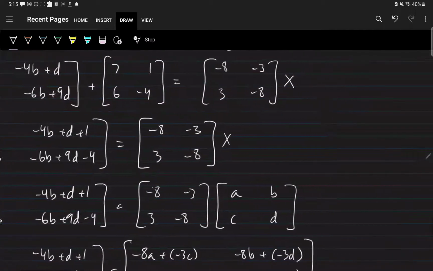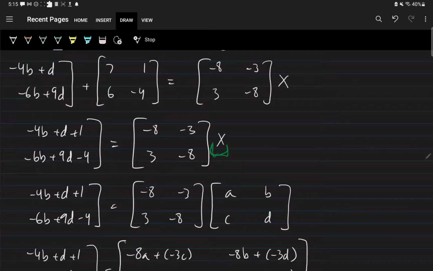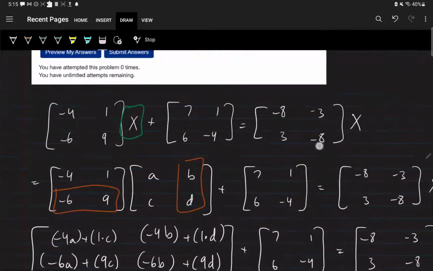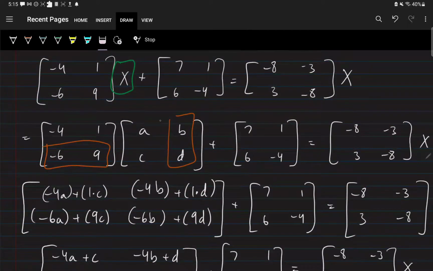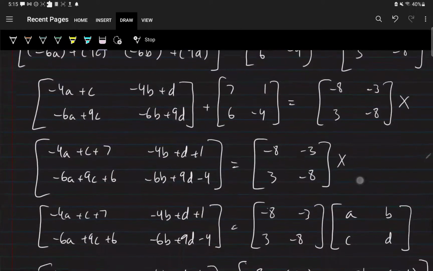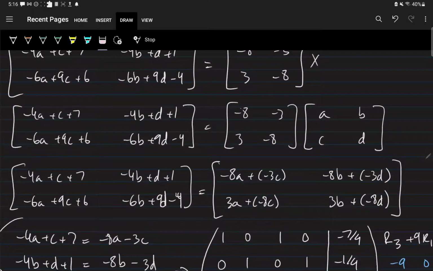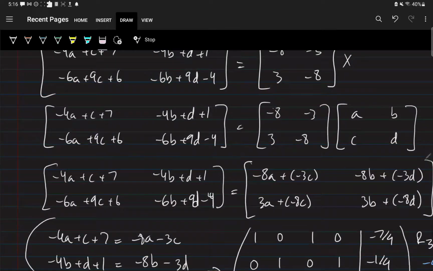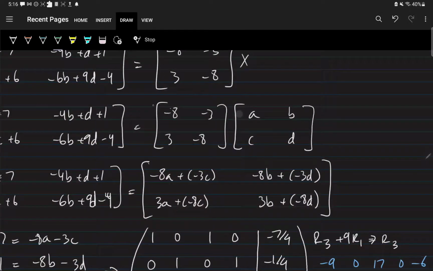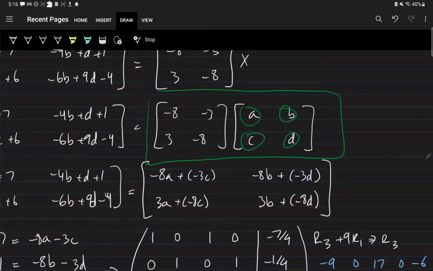Now, matrix X here is the same on the left side and on the right side. So on the left side earlier, we had rewritten it as A, B, C, D. Well, then we can do the same thing on the right side because, again, matrix X equals matrix X. So now we have a similar thing where we have this matrix here times the matrix A, B, C, D, which again could be X1, X2, X3, X4.